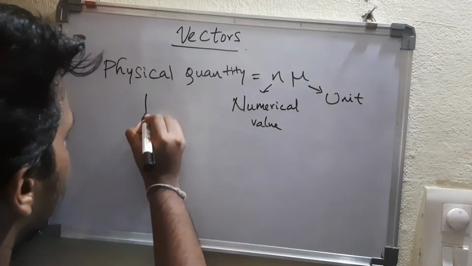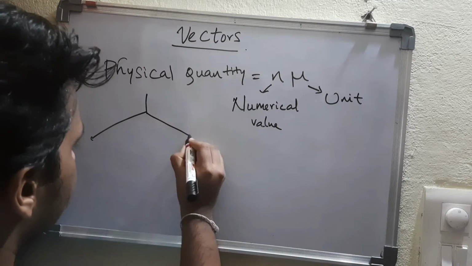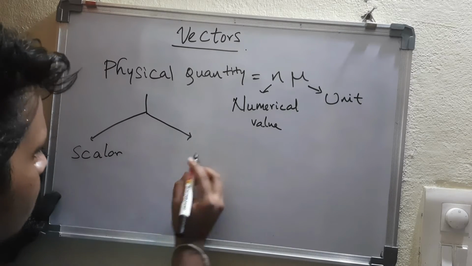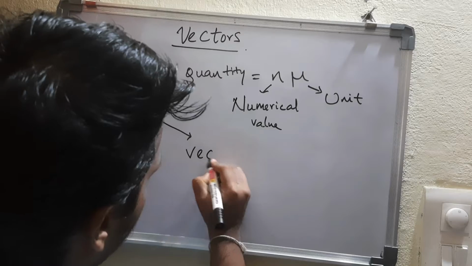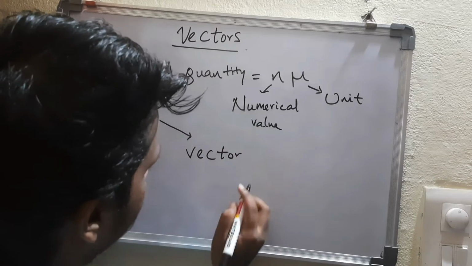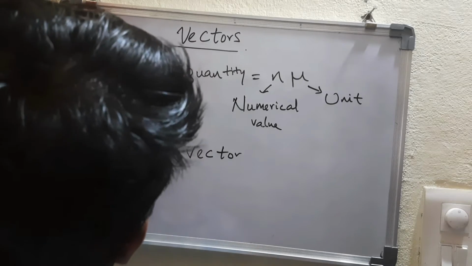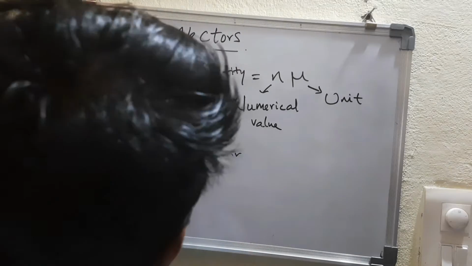So any physical quantity is divided into two types. One is scalar quantity and the other is vector quantity. So the topic is vectors. So we shall know the difference between scalar and vector quantities.